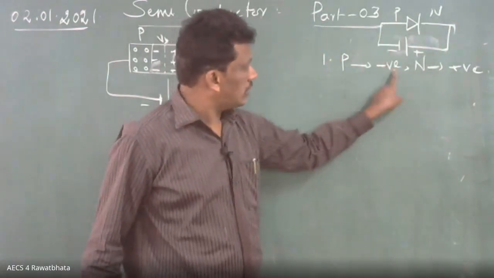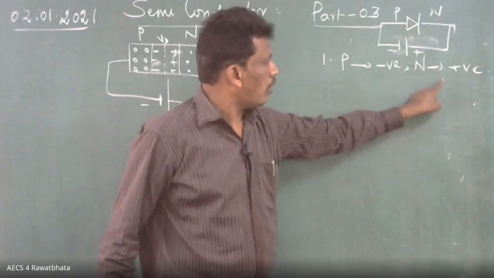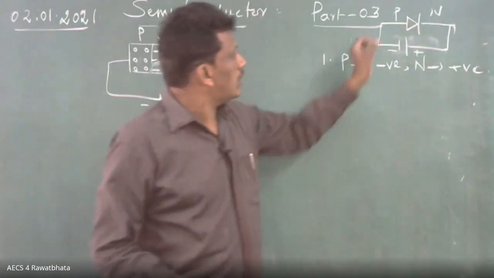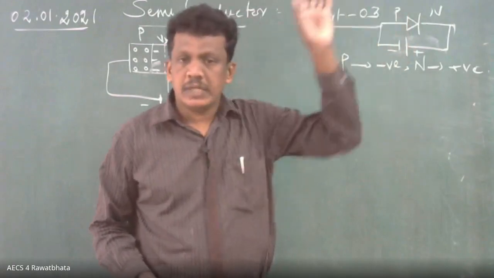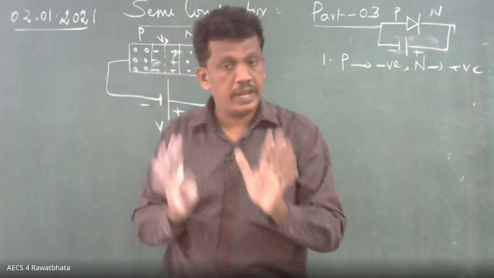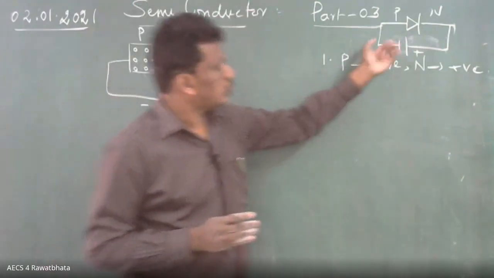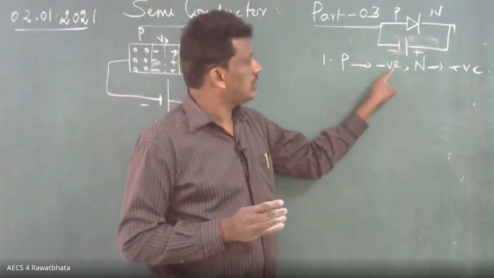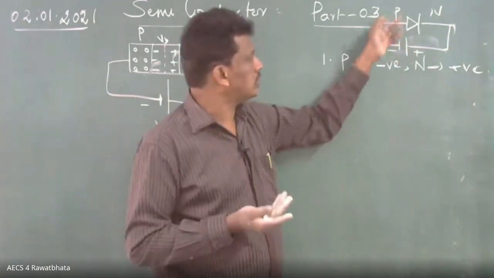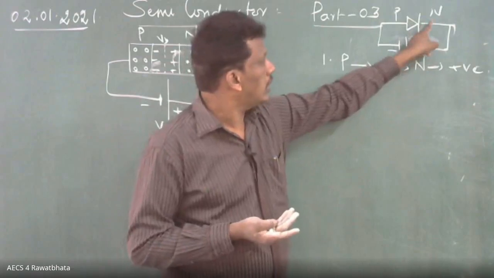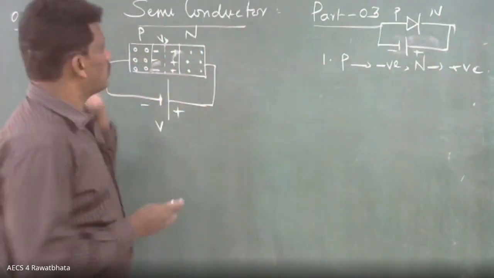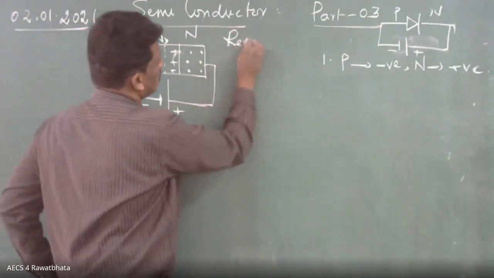That is called reverse bias. Again I am repeating, whether it is the P type or N type semiconductor, it is neutral only. Very, very important. But to remember, the P region with negative and the N region with positive, just the opposite way. That's why it is called reverse bias.